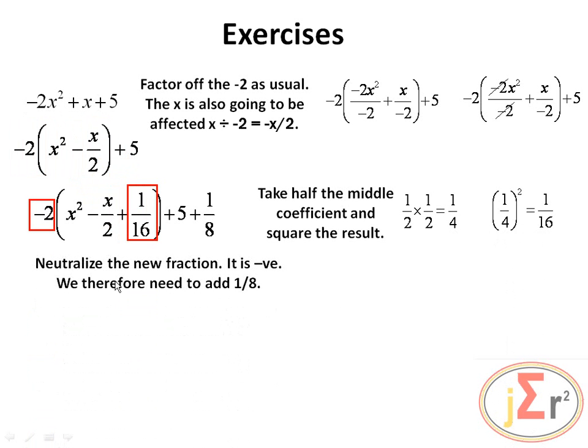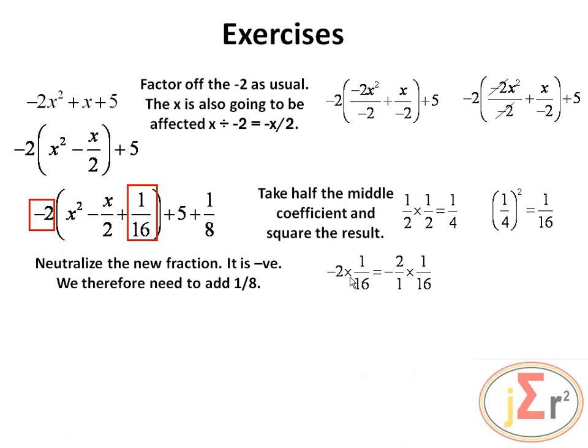With everything put together, we need to get rid of a negative 1/8 that was not there before, and we do that by adding 1/8. So let's see how we arrive at our negative 1/8. Do not forget that this 1 over 16 that we need to get rid of is being multiplied by negative 2 first.